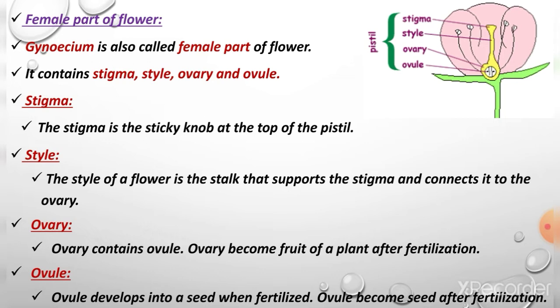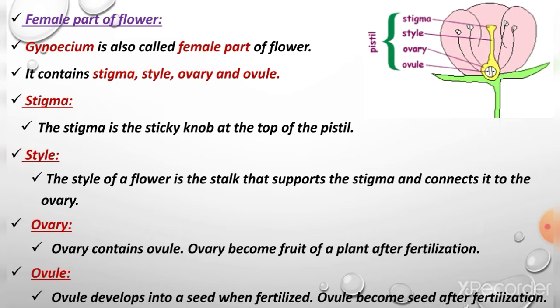The second one, style. What is the function of the style? Style is one of the female parts of a flower. It will connect the stigma to the ovary. And what is ovary? Ovary contains ovule.